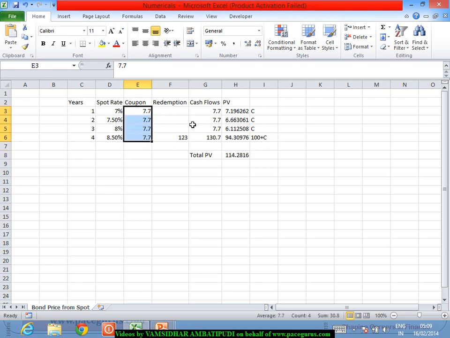Instead of having a coupon of 7.7, I want to decide on this particular coupon and a redemption value of par value only. The redemption value should be the par value itself.